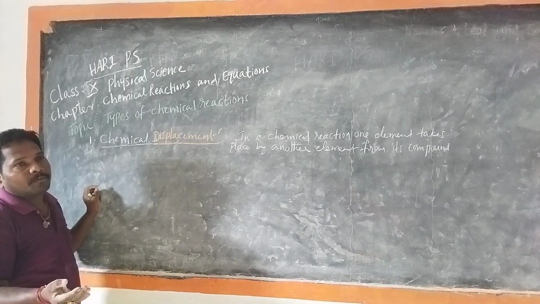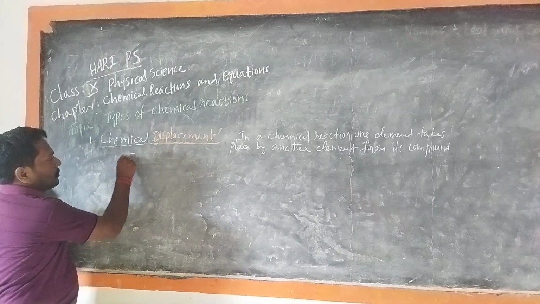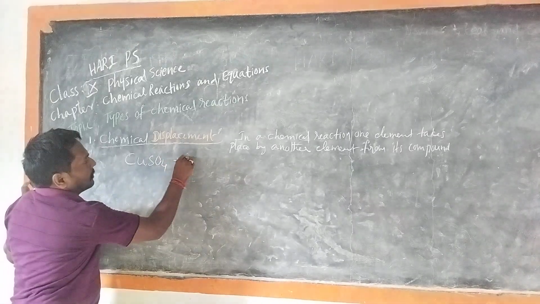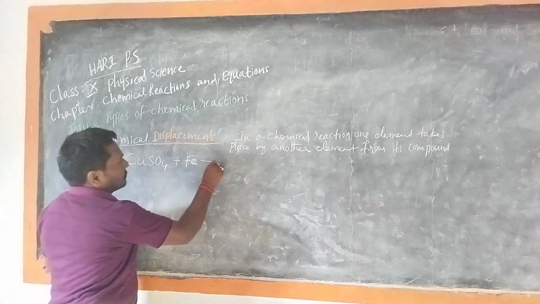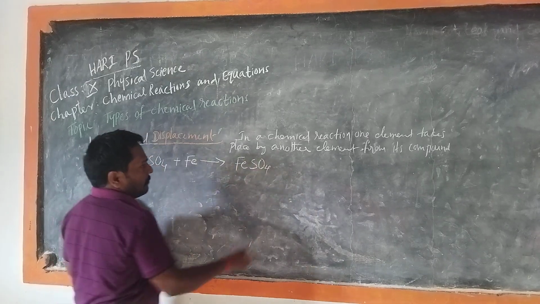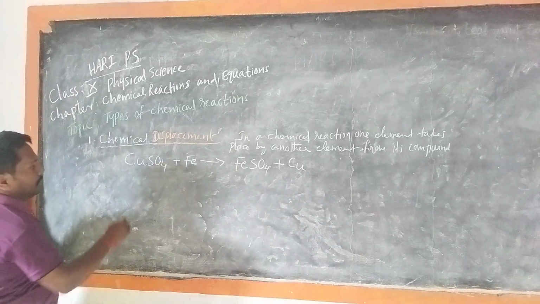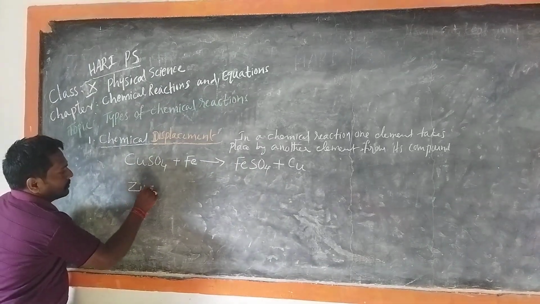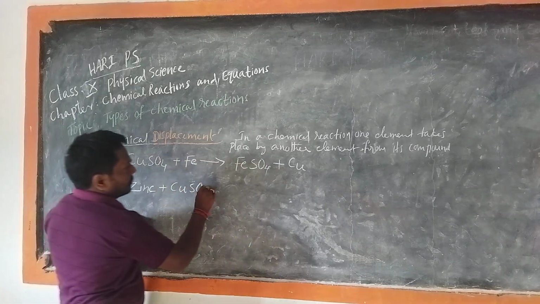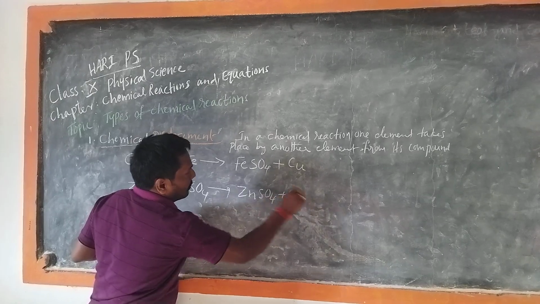After some time we observe that a change in color has happened. Copper sulfate plus iron gives iron sulfate plus copper. One more example: zinc plus copper sulfate gives zinc sulfate plus copper.